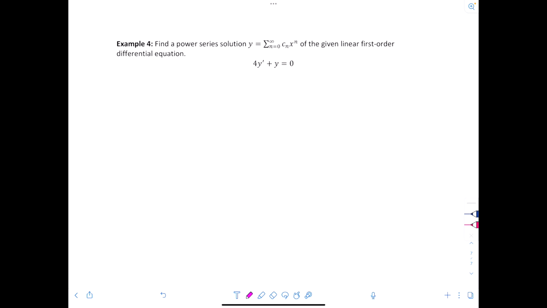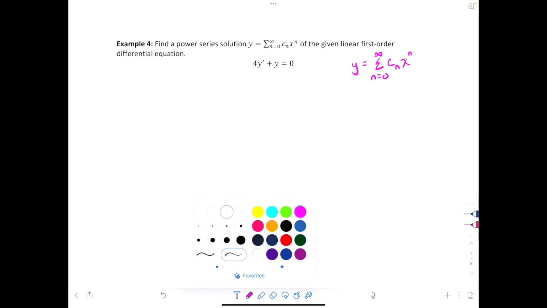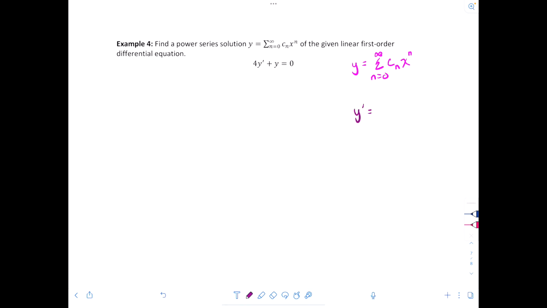Y, remember, is equal to the summation as n goes from 0 to infinity of c sub n times x to the n. Good so far? Now, y prime is going to equal the summation.